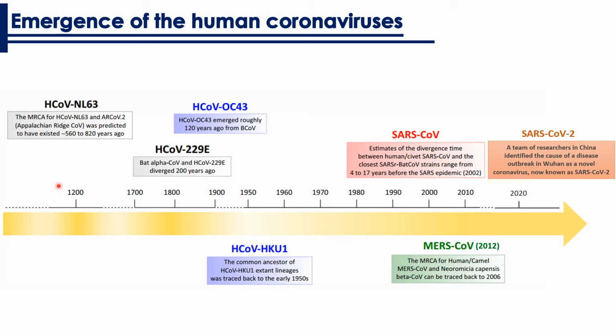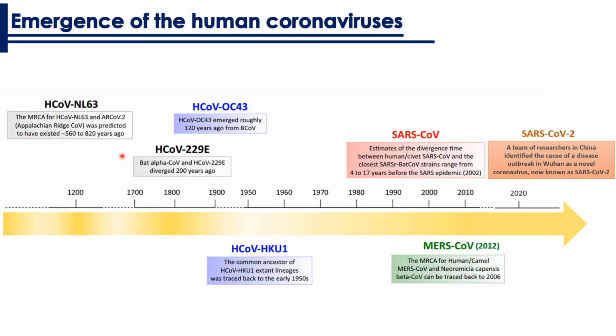It all started with SARS-CoV, but the actual human infecting coronavirus dates back to something as long as 560 to 820 years ago, and that is the HCoV NL63.